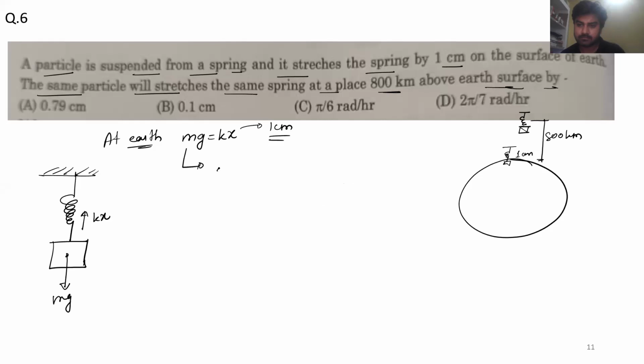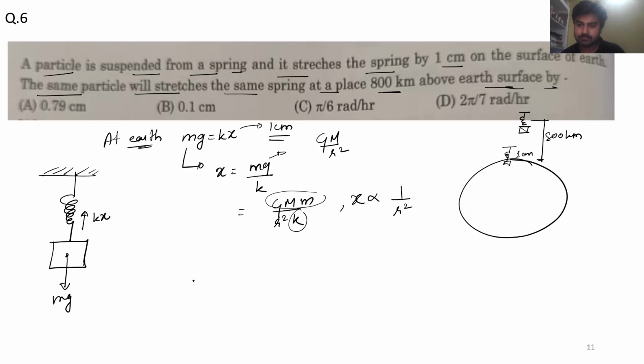You can write mg, or x, the distance, is equal to mg by k, right? And also this g, what is gravity? This is GM by R square. So if I write here GM by R square, k and M, all these values are constant.